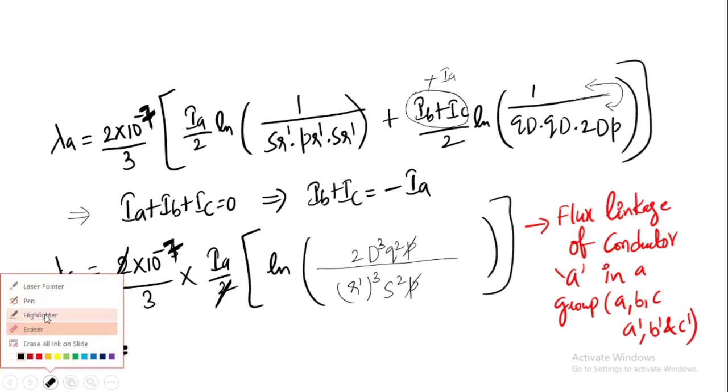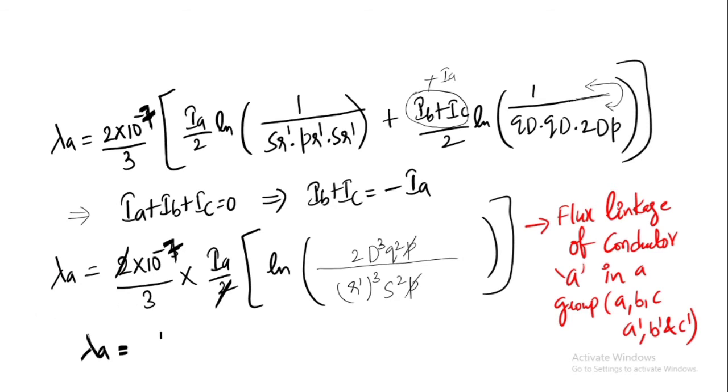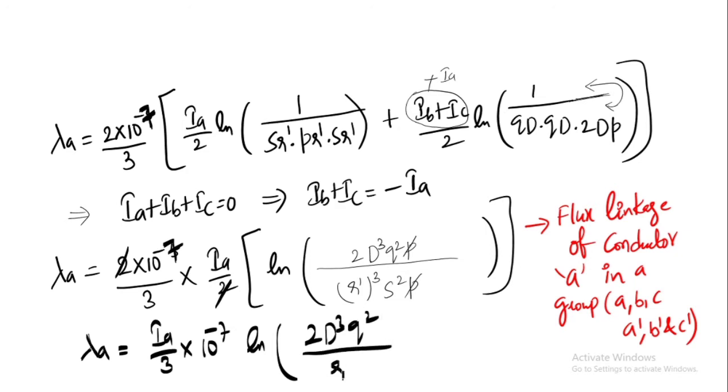You will get lambda A as IA by 3 into 10 power minus 7 ln of 2 d cube q square divided with r dash whole cube s square.